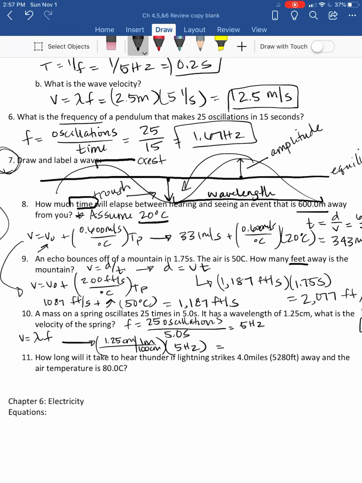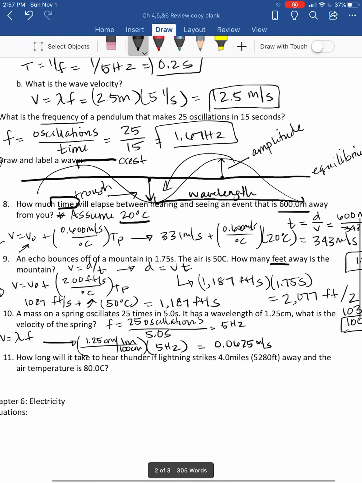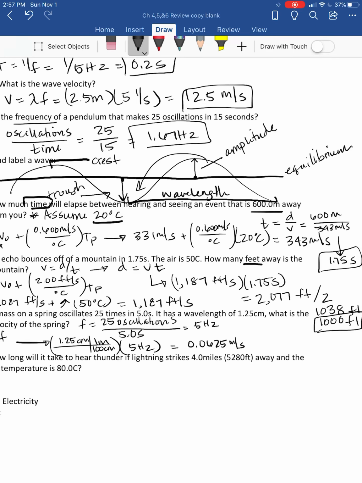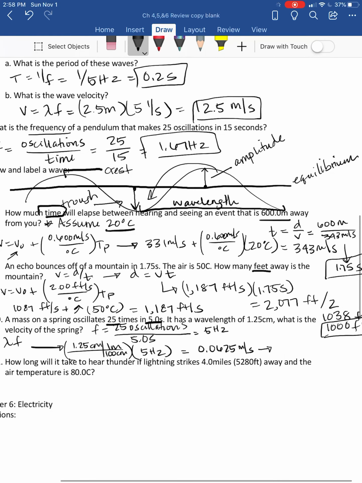Okay, I got 0.0625 meters per second. As far as significant figures are concerned, these two are just two significant figures, so 0.063.